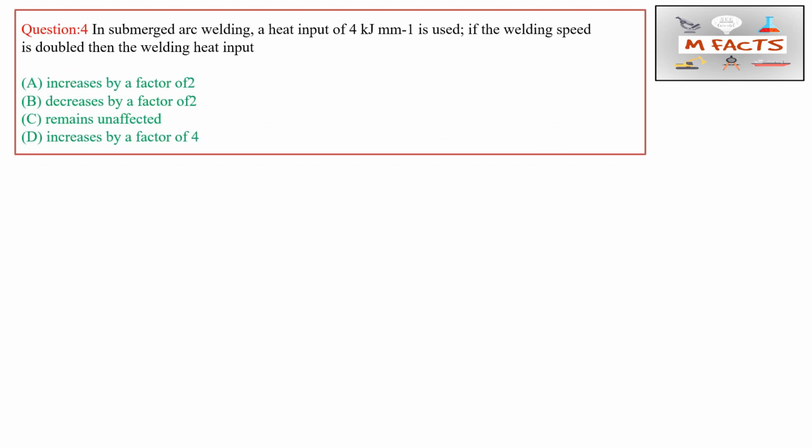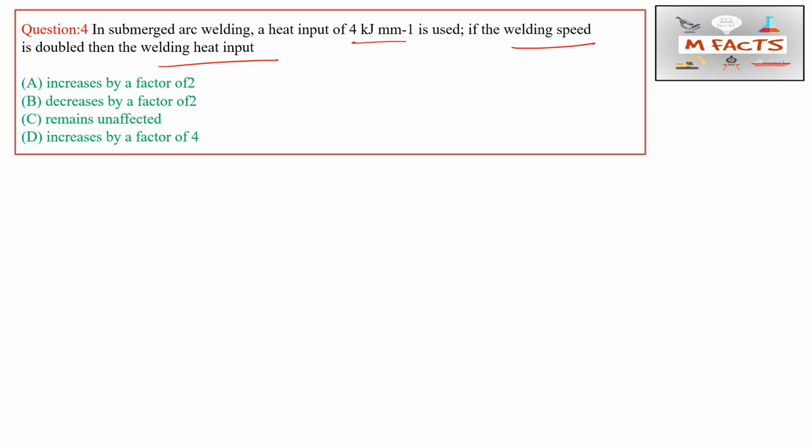So the next question is, in submerged arc welding, a heat input of 4 kilojoule per mm is used. If the welding speed is doubled, then the welding heat input is? We know the formula for arc welding that relates the welding speed and heat input.